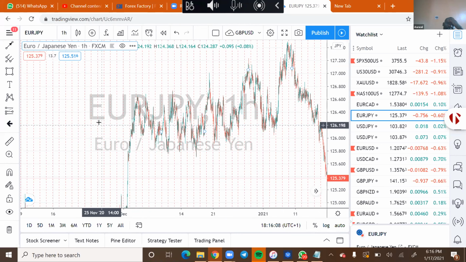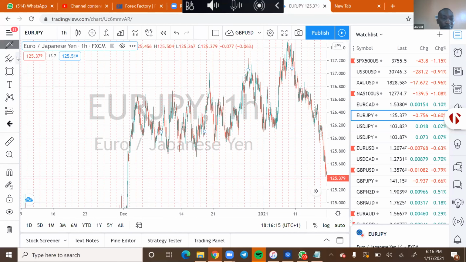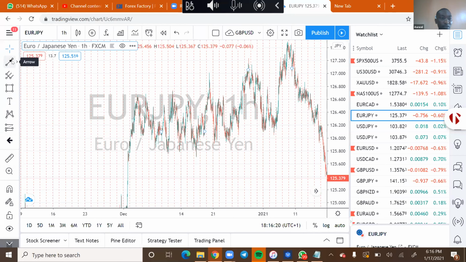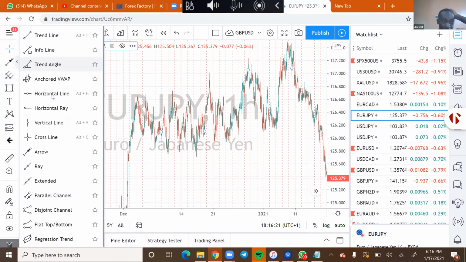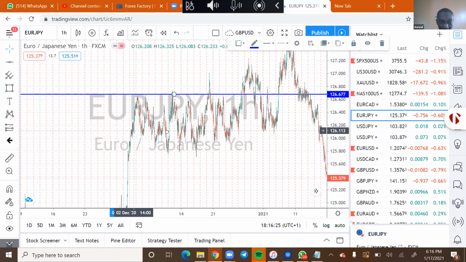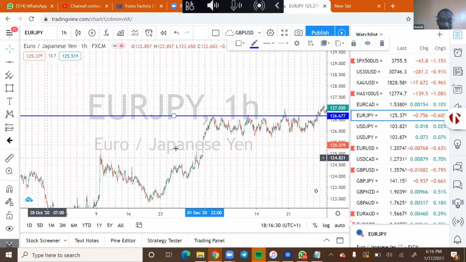If you go left, you probably put a line there. Let's say I put a line here. So I can take a horizontal line here. I don't know why this chart is not loading properly. Okay, I guess it's loading.